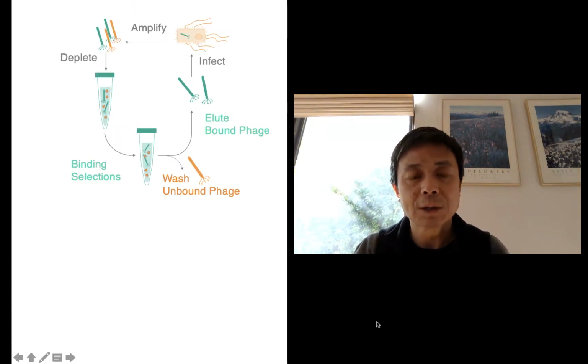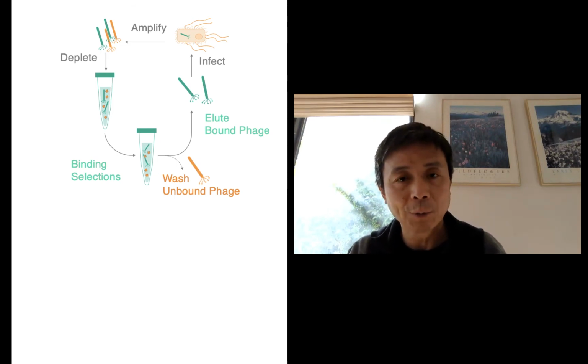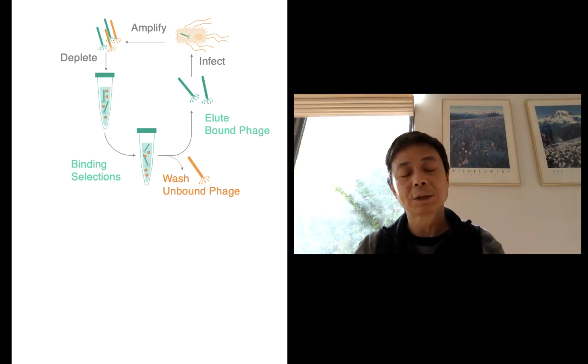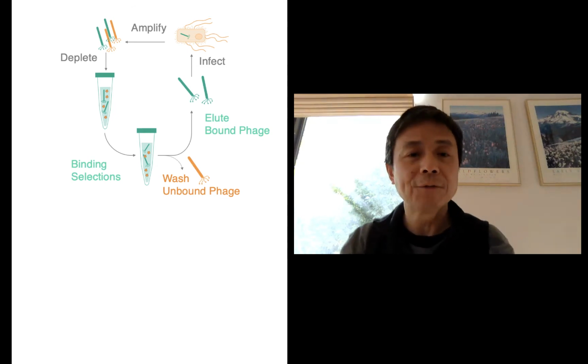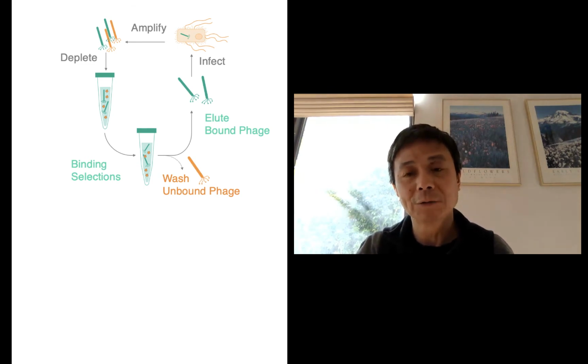This shows the general selection scheme commonly used with phage display. We wash out the non-bound phage, and all of the remaining phage is amplified and used for the next round of selection.